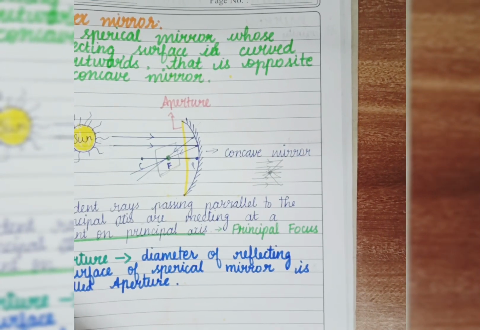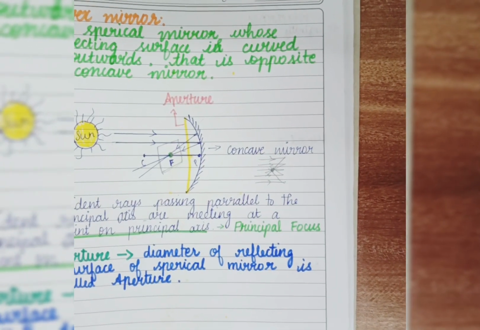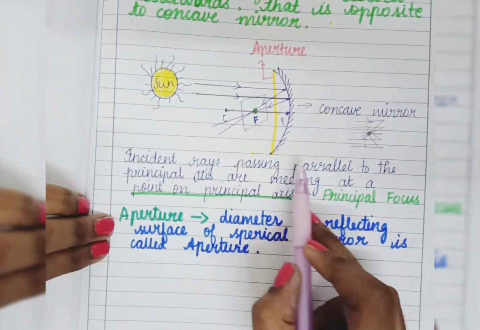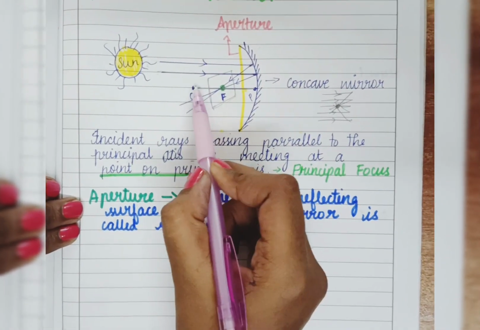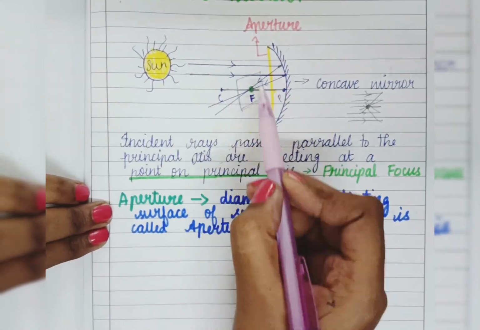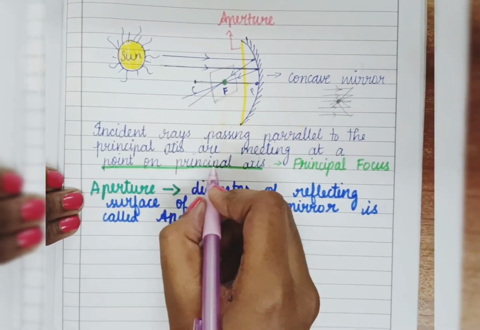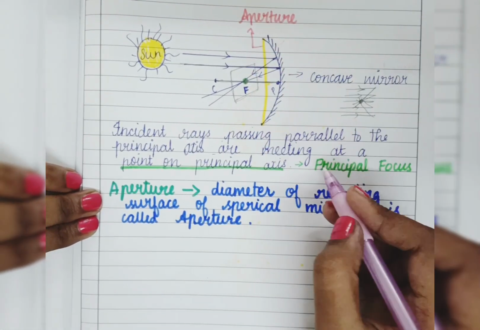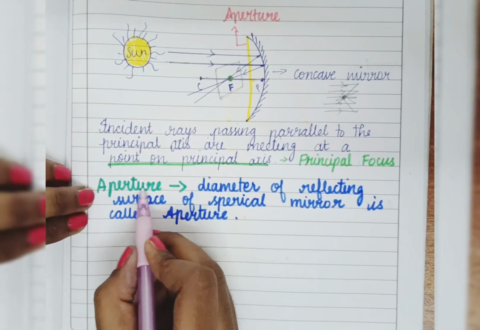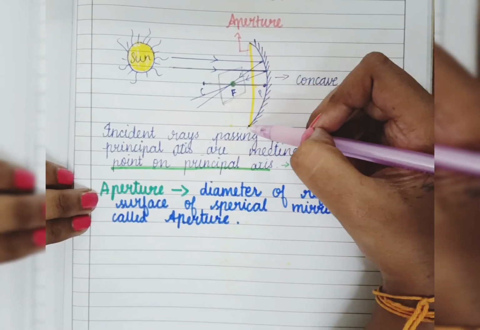That's why they are called diverging mirrors. When the incident rays pass parallel to the principal axis, they meet at a point on the principal axis, which is the principal focus. Aperture is the diameter of the spherical mirror.